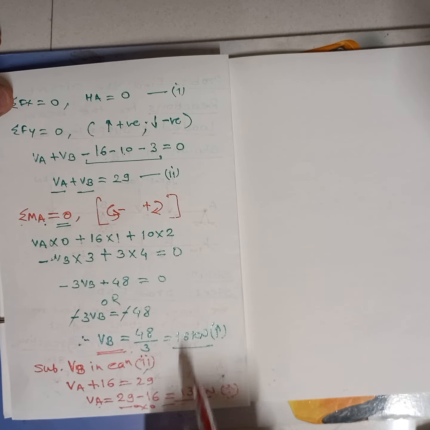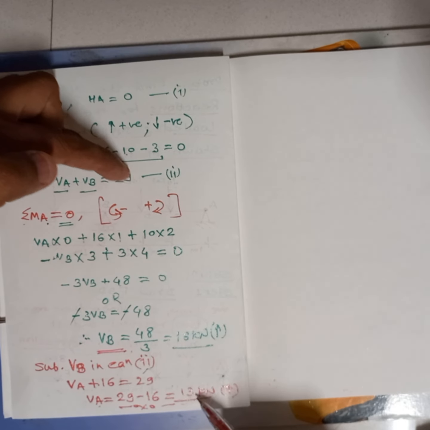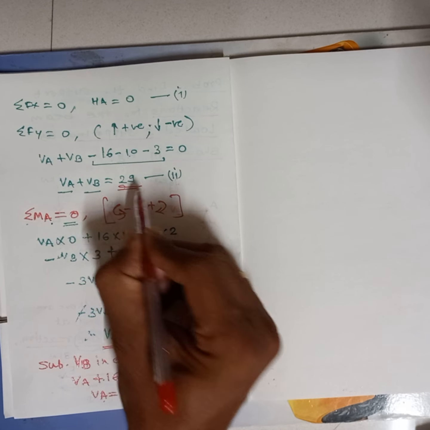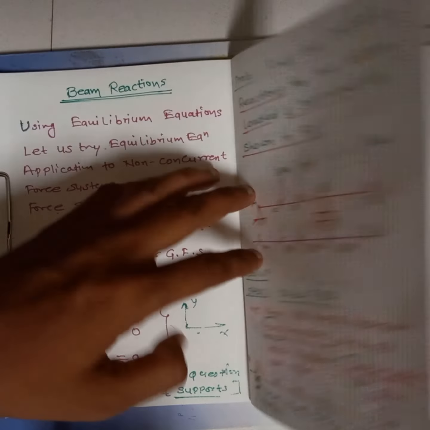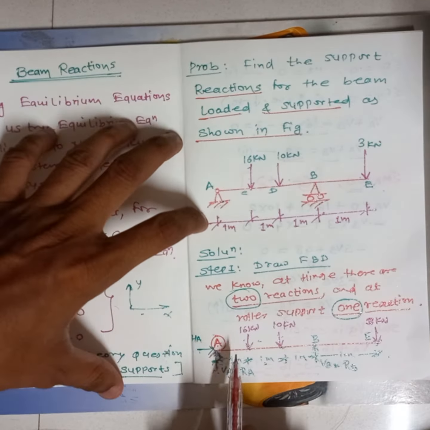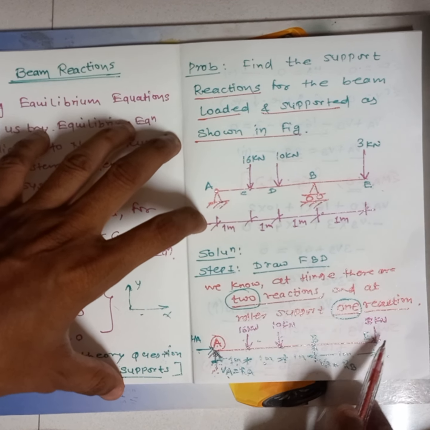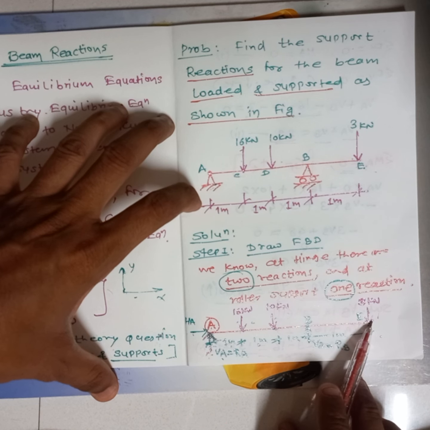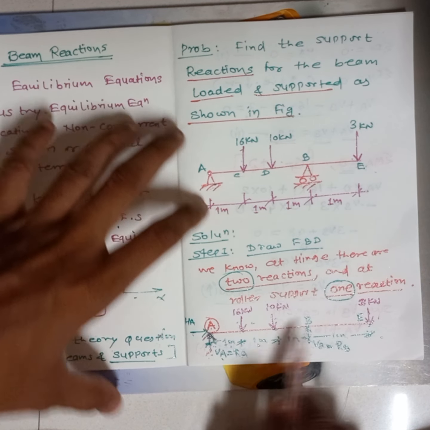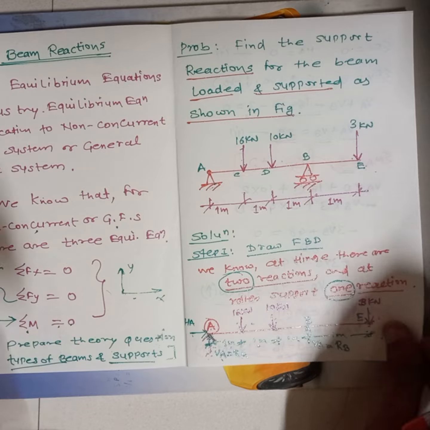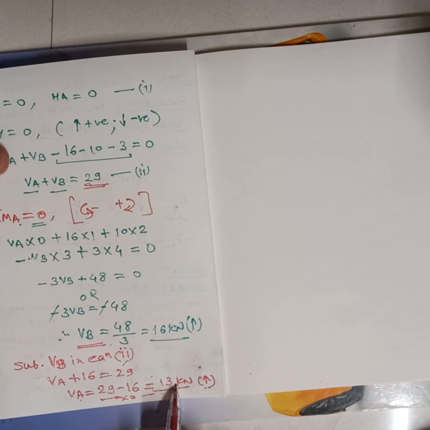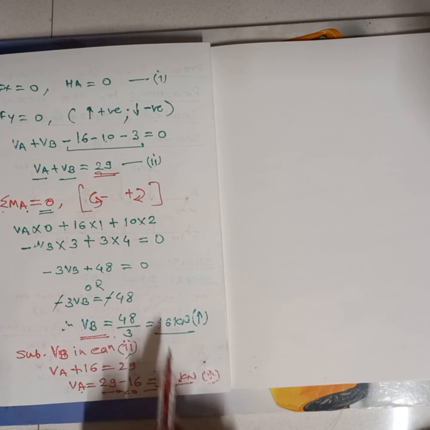So what you can do, just add 16 plus 13 and it must be equals to the total load on the beam, and total load on the beam is 29 kilonewton. You can see here 16 plus 10 plus 3. So the total load ची जी टोटल फोर्सची जी टोटल होत आहे ती होते आहे 29 kilonewton, आणि VA प्लस VBची जी टोटल होत आहे ती पण 29 kilonewton व्हायला पाहिजे, आणि ती होत आहे.